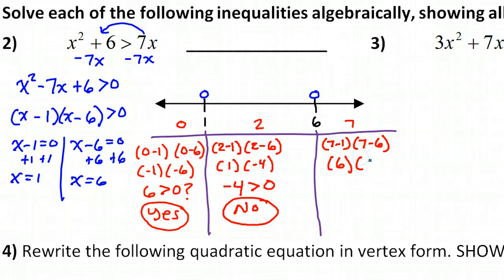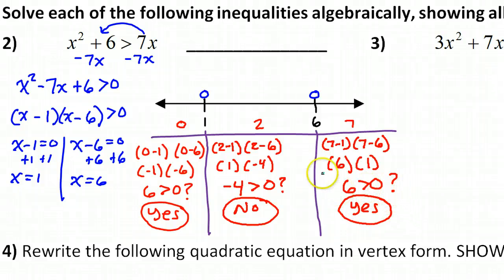So is this greater than 0? Of course, 6 is greater than 0, so that is a solution, yes. 0 was a solution, which means that everything in this zone will be a solution. So I'll show that with an arrow. 7 was a solution, so that means everything in this zone is going to be a solution.